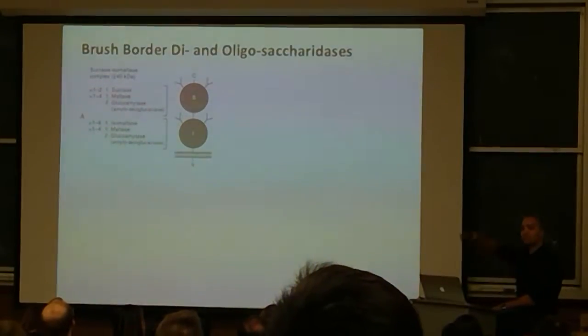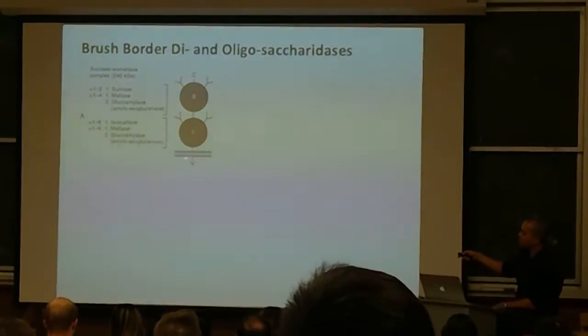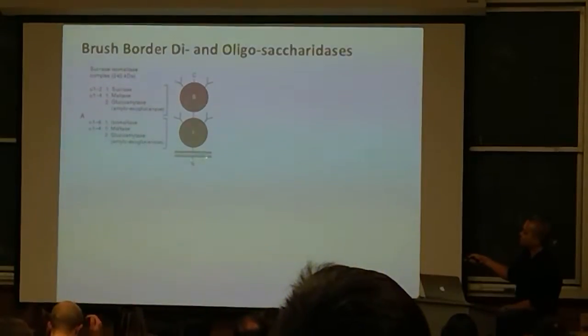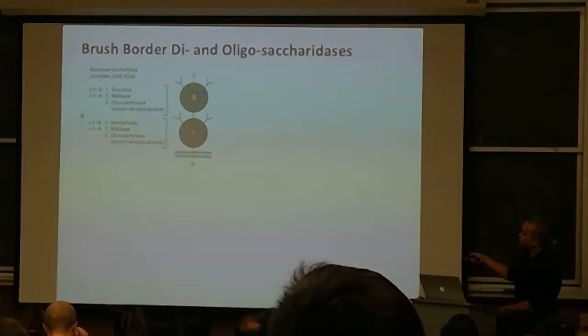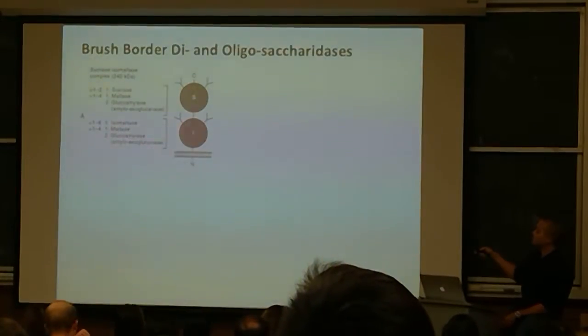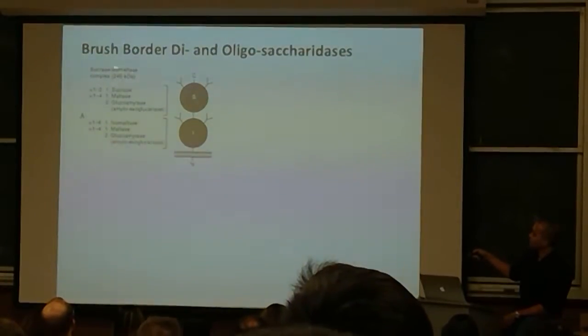So amylase is just going to be secreted, it's going to be soluble, without membrane spanning regions, whereas these guys are stuck in that brush border, okay, because of this transmembrane region. And then these different oligosaccharidases and disaccharidases have two active subunits. So shown here in this left corner of your slide is sucrase-isomaltase.